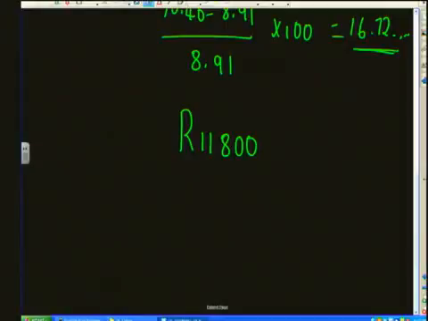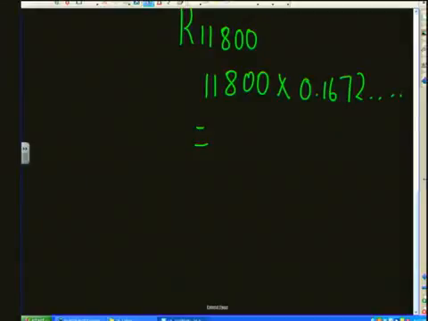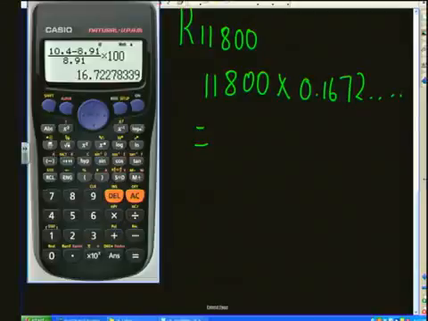Okay, so I'm going to say 11,800 times 0.1672, so my percentage in decimal form. I want to see how much more in Rand terms am I paying for this laptop.